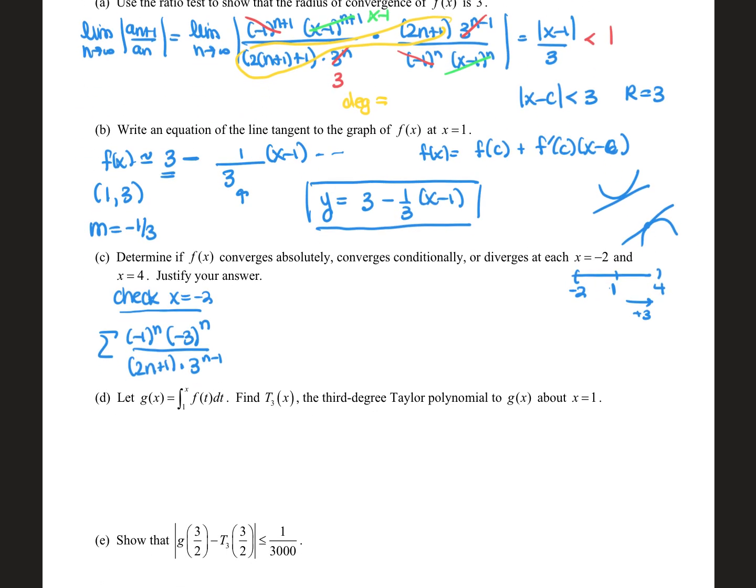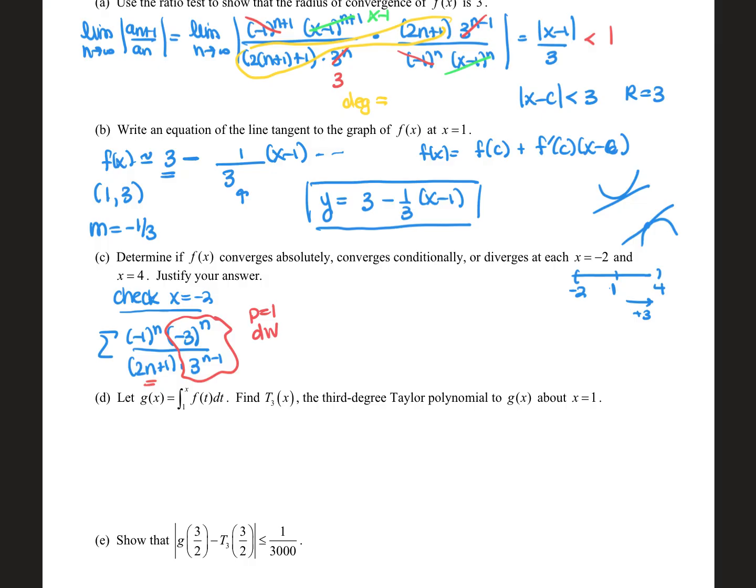So looking at this, we can basically see this is going to cancel in absolute value. This right here is harmonic, so we know p is equal to 1. So this will converge if it alternates, but this does not alternate, so this is divergent.